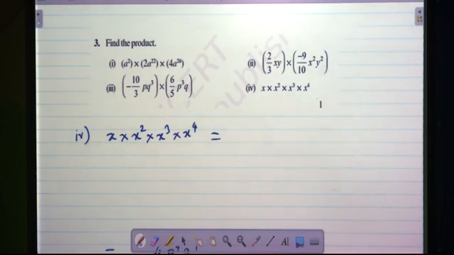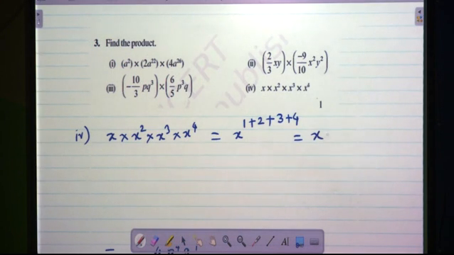Here we can see no numerical coefficient is present, so it is 1. x into x square is x cube, into x cube is x raised to 6, and x raised to 6 into x raised to 4 is x raised to 10, or we can write it as x raised to 1 plus 2 plus 3 plus 4.